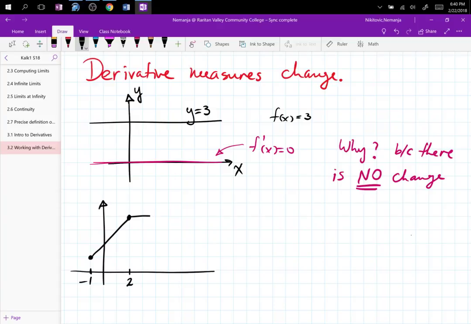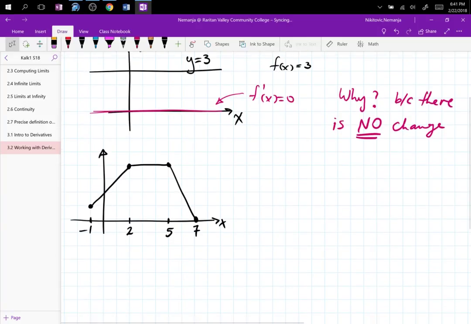Then I'm going to go straight to 5. And then I'm going to drop to 7. And stop. The black line is f of x.